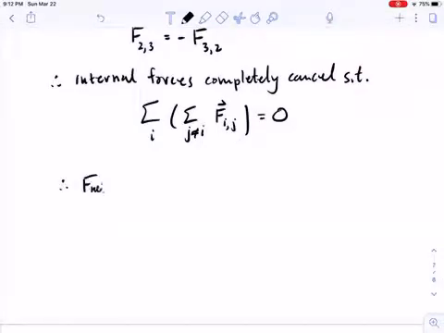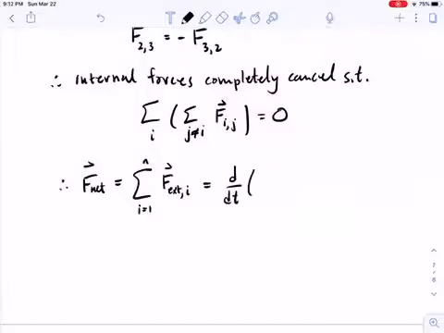because you could imagine if you have Avogadro's number of particles interacting with each other, the internal forces could be incredibly complicated, but no matter how complicated they are, it must be that they all sum up to be 0. So what we're left with is that the net force is just equal to the sum of all of the external forces, and the time derivative of momentum is equal to the net force, and so we could write that the system momentum, its time derivative, is equal to that net force.